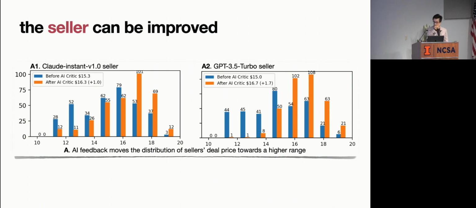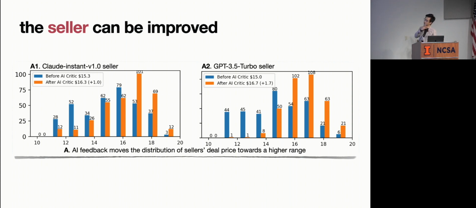So let's look at some results. The x-axis here is the range of the final deal price, and the y-axis is the frequency of that happening. For each setting, we run 500 simulations and plot the distribution of the final deal price. The blue bars are the distributions before receiving any feedback, and the orange ones are after the feedback from the critic.